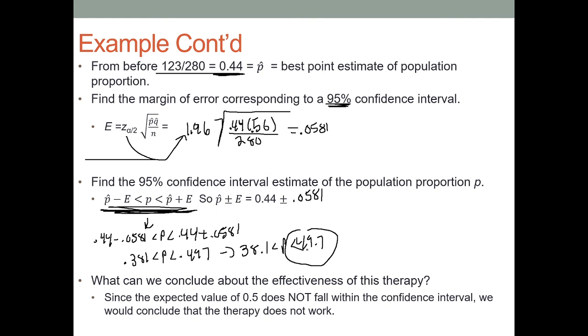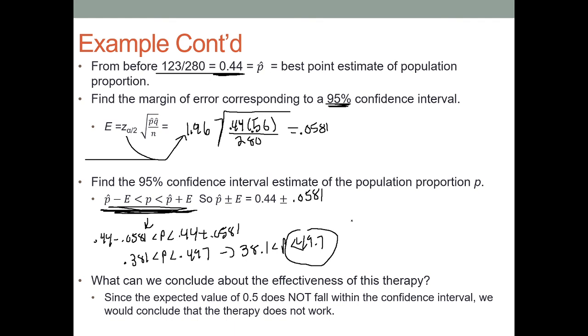Like if you're just guessing randomly whether she's hovering over the left or right hand, you only have two choices, right? So you're going to be right 50% of the time if you're just guessing randomly, and they couldn't even do that. So we would say that since 50% doesn't fall within this confidence interval, they're doing less accurate work than just randomly guessing which hand she was hovering over, and therefore we can probably conclude that this supports the fact that touch therapy does not work.